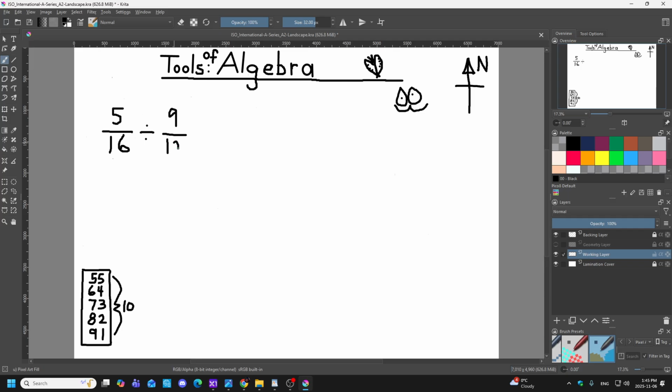Again, if you've been watching and following each video, you will know that multiplying and dividing fractions is so much easier than doing the adding and subtracting.